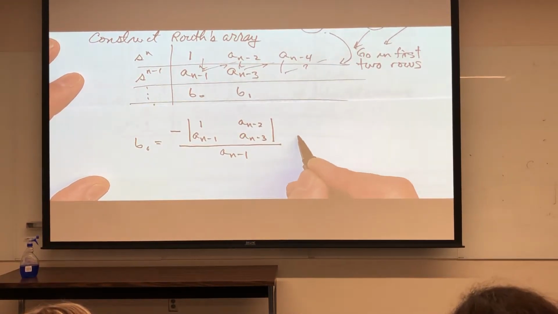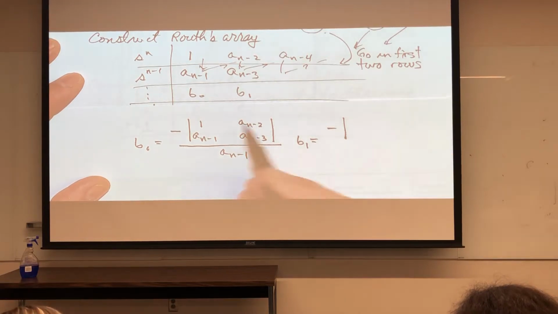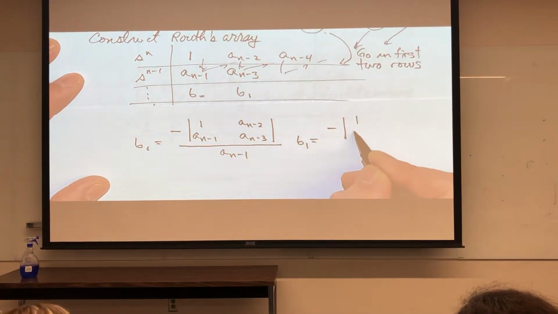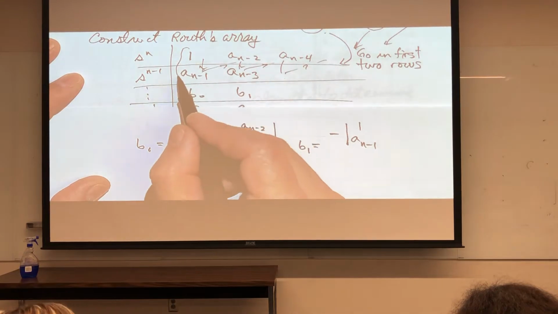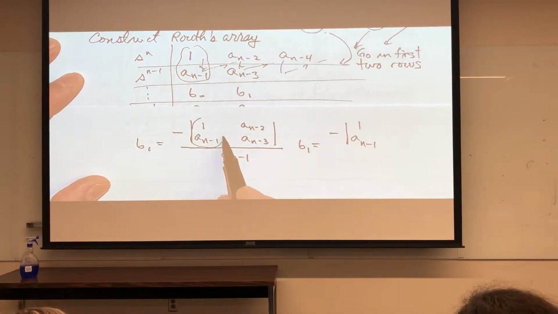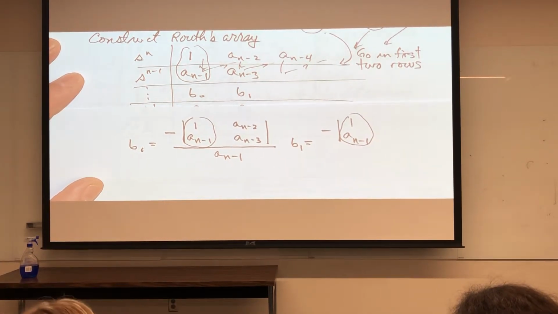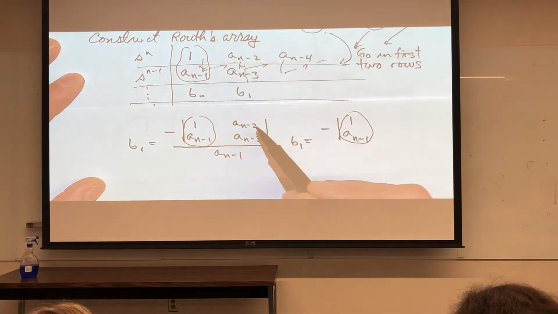Let me show you b1. b1 is also a 2 by 2 array. You keep the first column, 1, an minus 1. That doesn't change. All right. So basically, this part doesn't change. It's right here and right here. Don't change that. What changes is the next column. So for b0, we used this column of numbers, and it came right here.